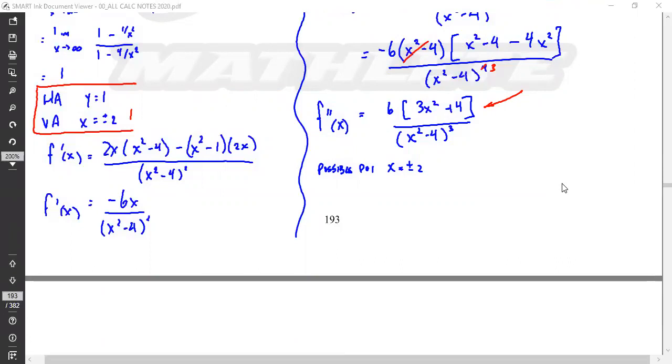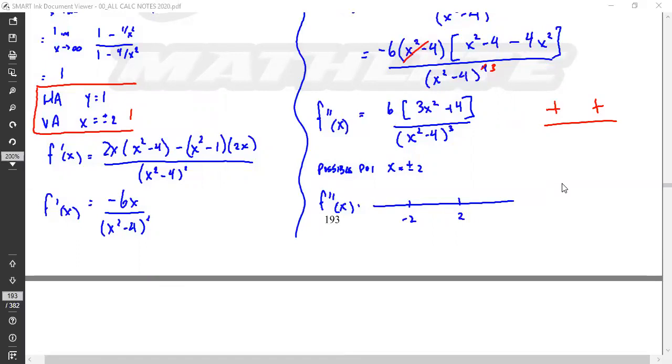And so therefore, we look at f double prime of x. It looks like this as a number line. Here's negative 2, here's positive 2. We have left of negative 2. What does this look like? This looks like 6, which is positive, times 3x squared plus 4, which is always positive. And then we have x squared minus 4, all cubed.